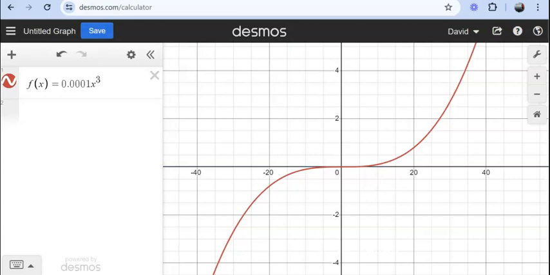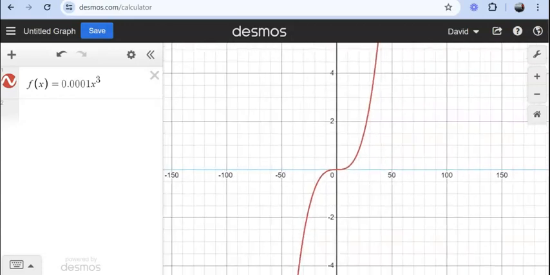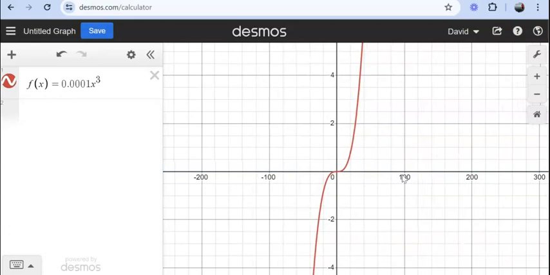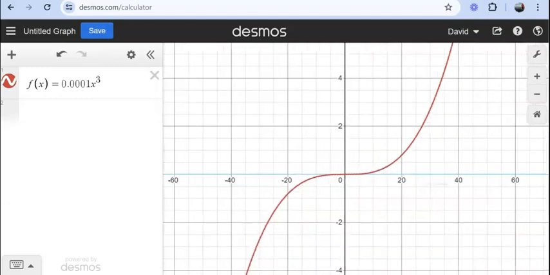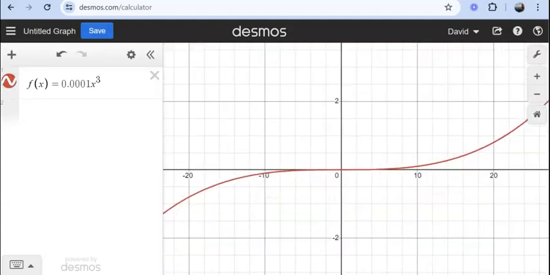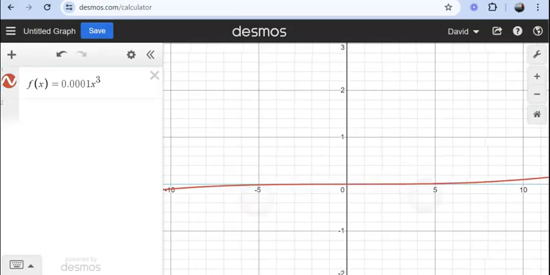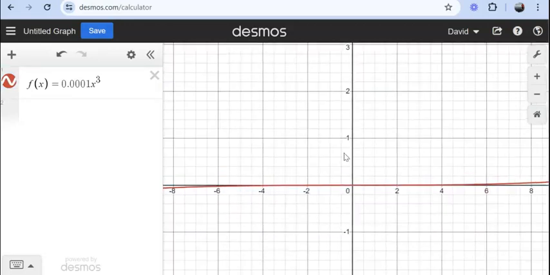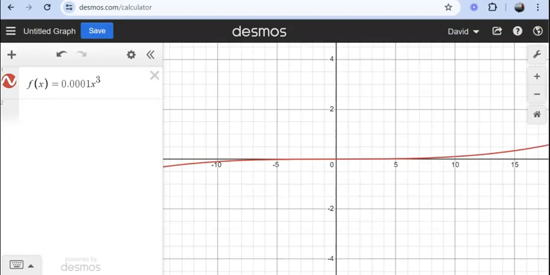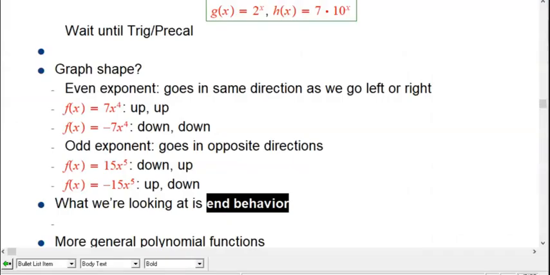Now what we start seeing is as soon as we get to 20, 40, we start recovering that x cubed shape. And when x gets really, really big, then we get that familiar shape: f of x gets big and negative when x is negative, and f of x is big and positive when x is positive. So sometimes that behavior that we know should be there might only show up when x is rather large. And that's why it's called the end behavior of the function.